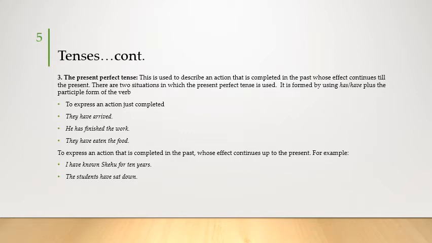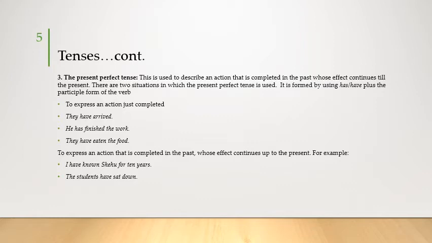They have arrived. He has finished the work. They have eaten the food. They have arrived. Have is used as auxiliary with the participle form of the word arrive. The participle is arrived. They have arrived, present perfect tense. He has finished the work, present perfect tense. They have eaten the food, present perfect tense.